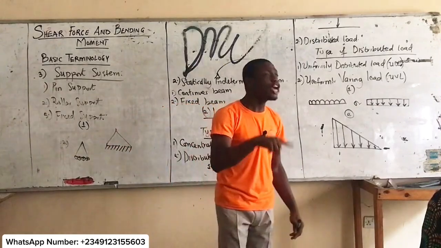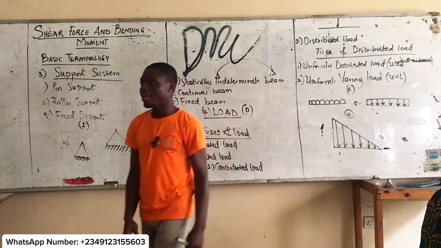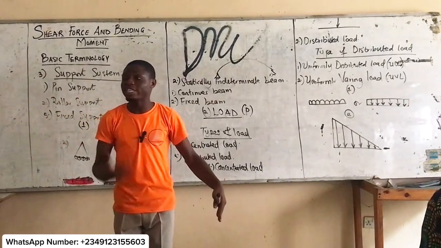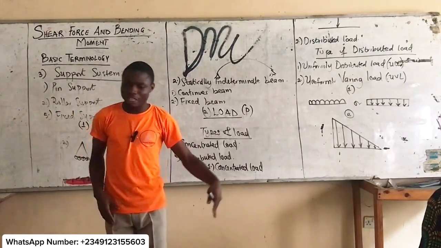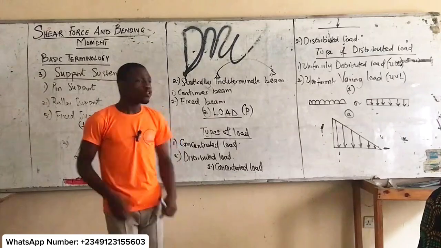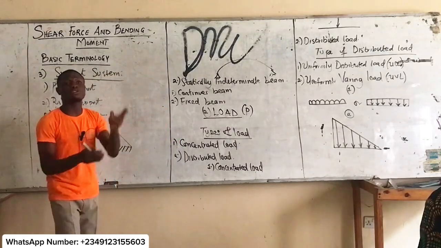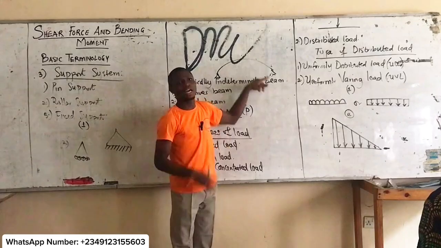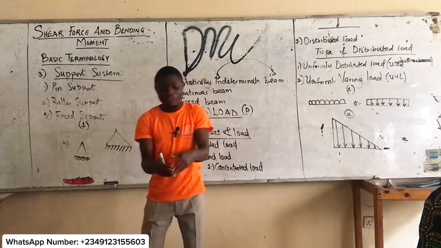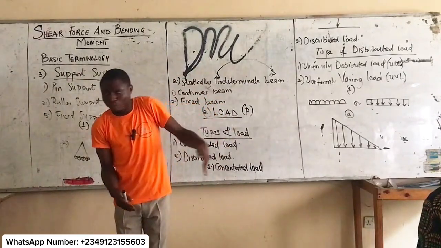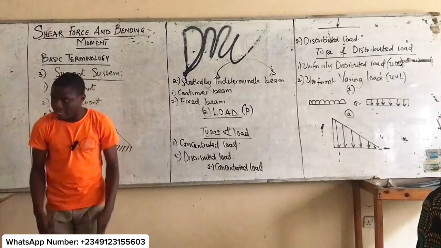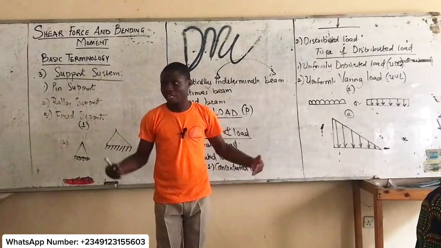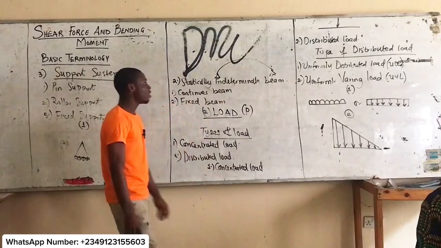A pin and a roller. In case of expansion, it will expand and contract back. So a bridge is meant to have supports: one pin and a roller. In case of expansion, the roller will move a little bit, but the pin is there. That's the concept, please.